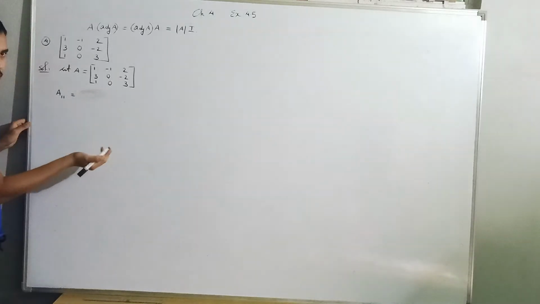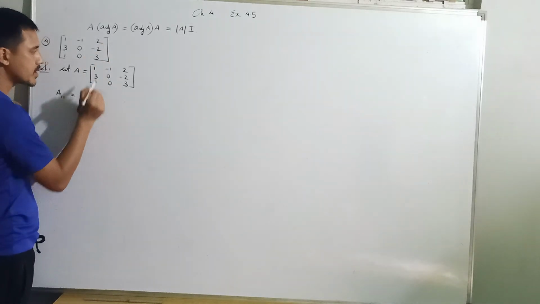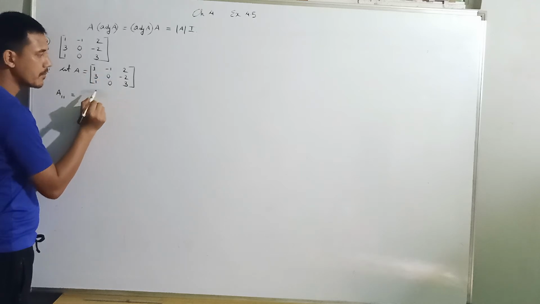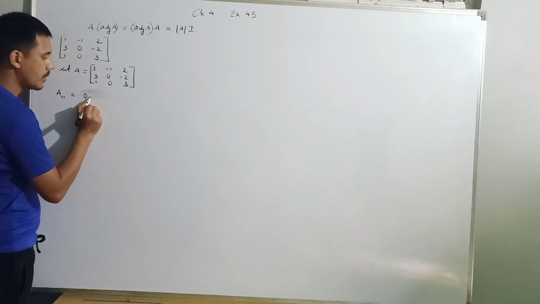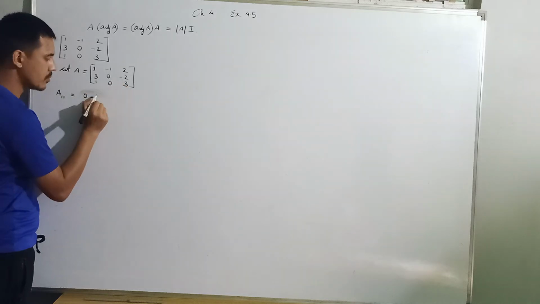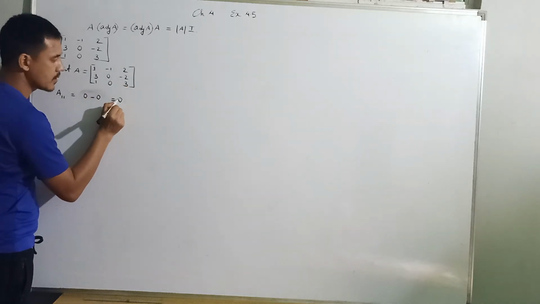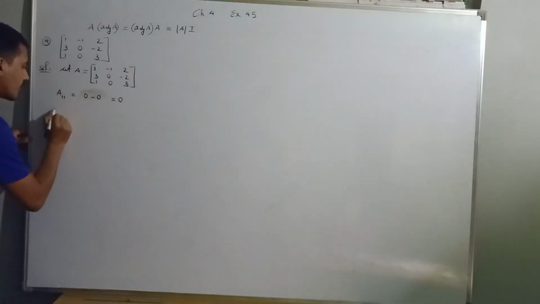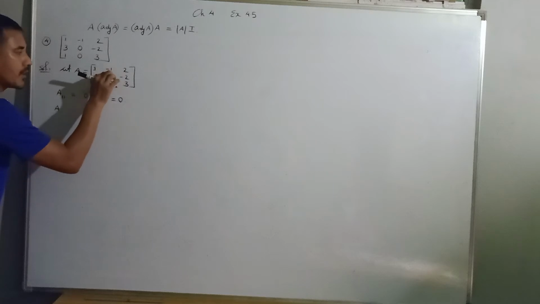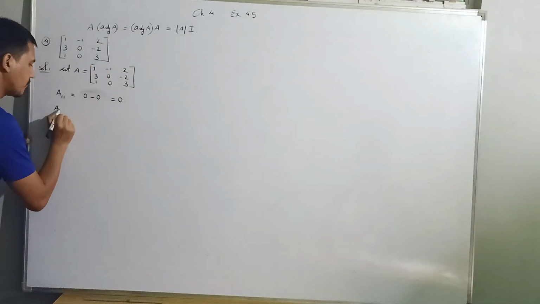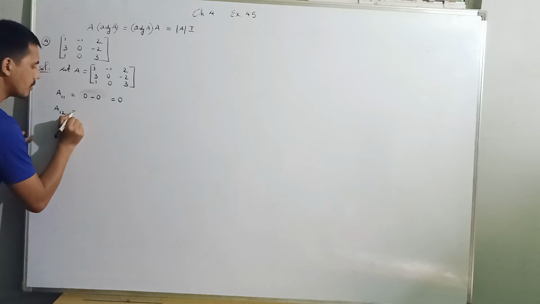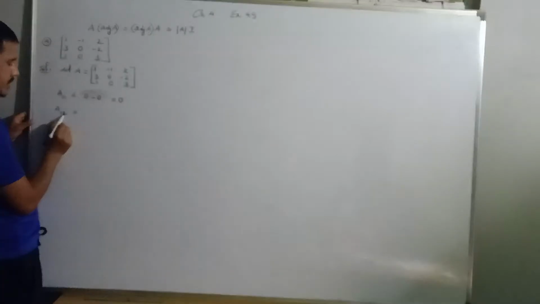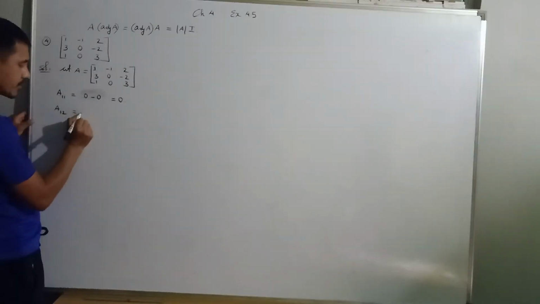1 plus 1 is 2, so minus 1 to the power 2 will be positive. And the minor of this element is 0 into 3, 0, minus 0 into minus 2, 0. So 0. I'm not going to write all these minor things now. Now, the cofactor of A12: here 1 plus 2 is 3, minus 1 to the power 3 is negative.